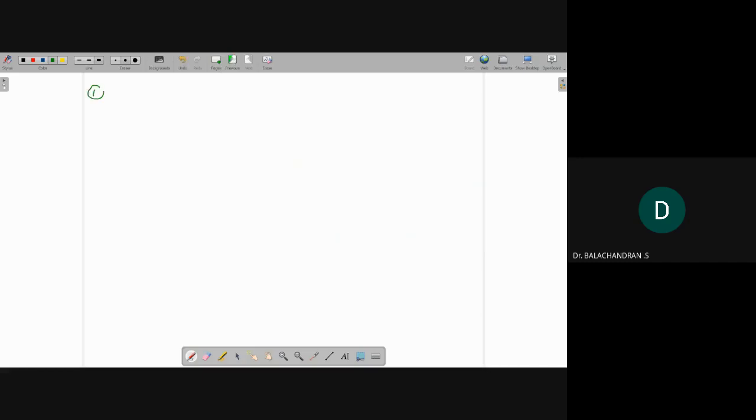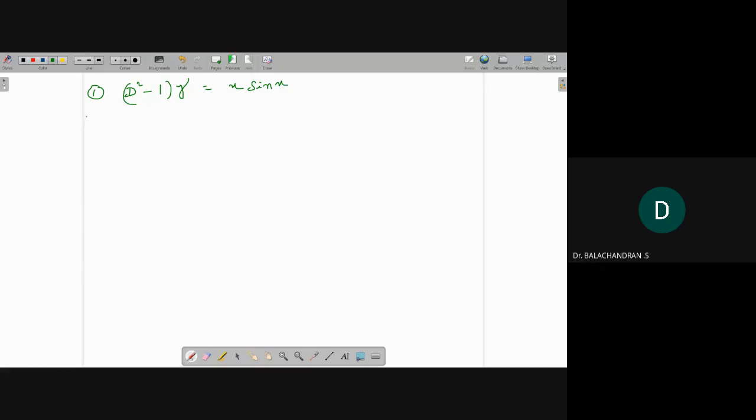First problem. If you understand the concept, you can try independently. If you try independently, that will help your confidence. So you can try (D square minus 1) y equal to x into sin x.